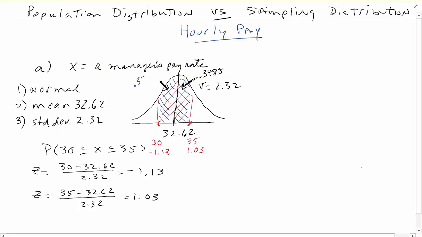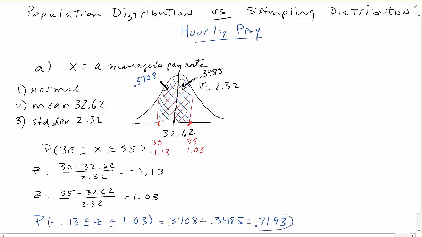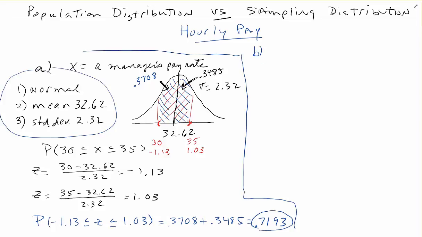Now the probability that z is between a negative 1.13 and 1.03 would just be 0.3708 added to 0.3485, and that would be 0.7193, or 71.9% approximately.